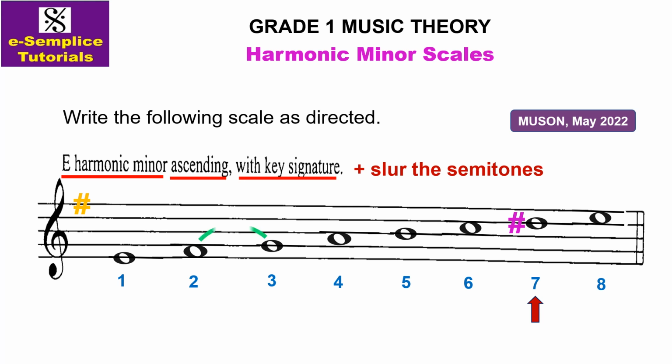You are going to slur degrees 2/3, 5/6, 7/8. All harmonic minor scales are slurred the same. In the ascending scale, 2/3, 5/6, 7/8.